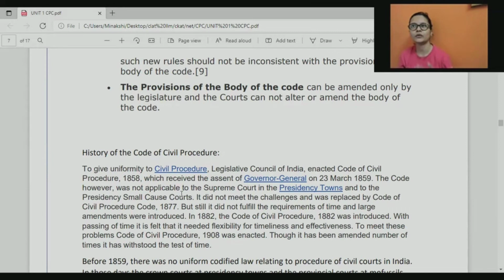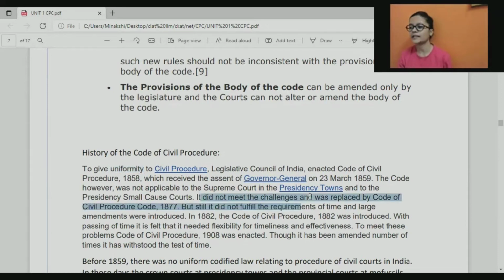That again was creating confusion because different processes would be followed, different rules would be there. So it was not serving the purpose, because the main purpose was bringing uniformity in how a civil suit will be resolved, and that part was not being done. This code, however, was not applicable, so it was not serving its purpose.